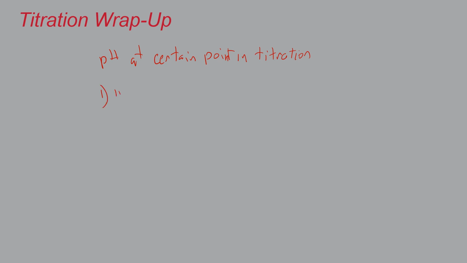Number 1, initial. This is before you actually add any of the titrant. First of all, this applies for a weak acid titrated with a strong base. So initial, before the titration.